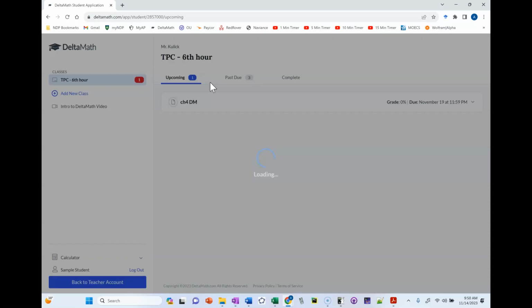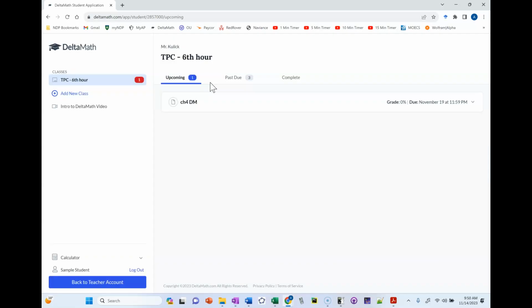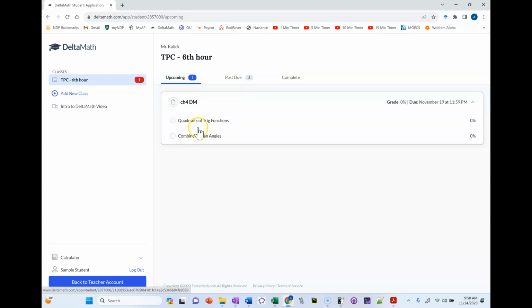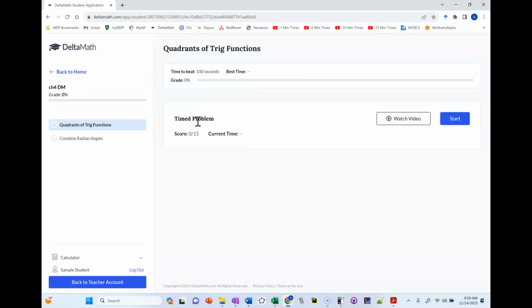So I'm going to pretend to be one of you guys. So Chapter 4 Delta Math has just two questions in it. The first is quadrants of a trig function. This is a new kind of problem, though, because it's timed. And what you need to do is you need to get 15 correct answers in a row before time expires.